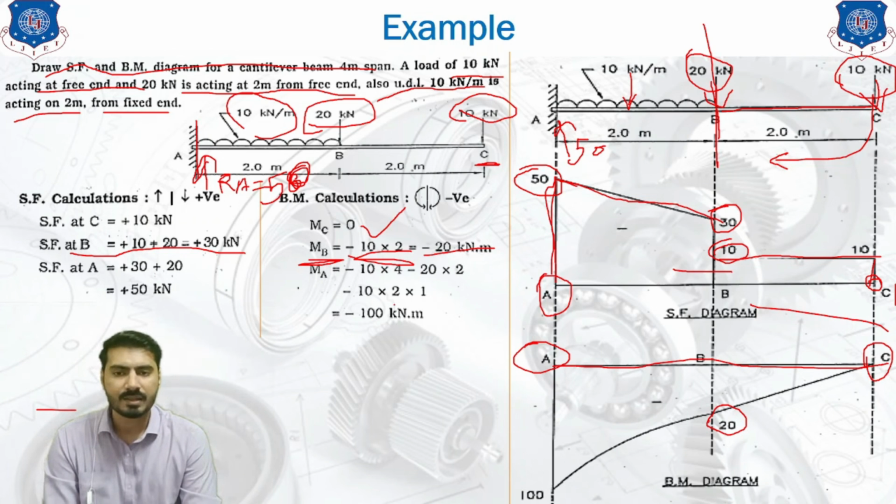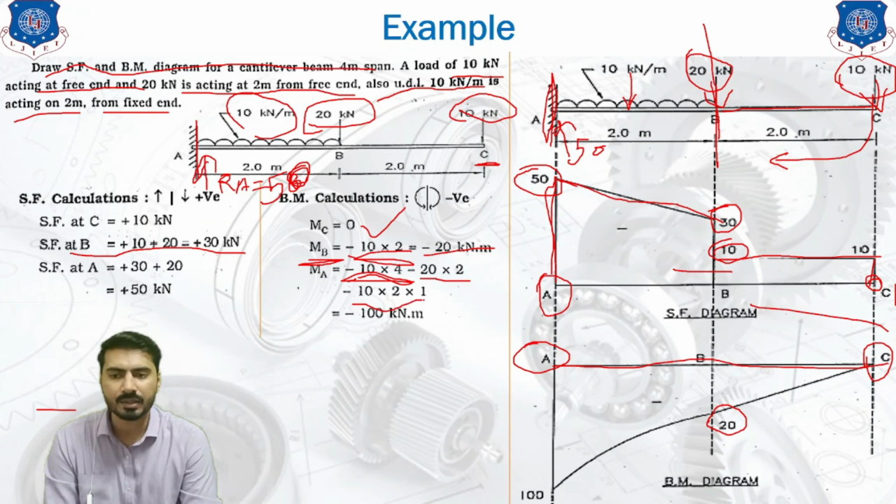Next is point A. So at point A, we will need to find out the moment. Moment can be calculated using the basic formula of algebraic sum of the moment. So the 10 kilonewton is acting at 4 meter distance. So 10 into 4, and 20 into 2 is the distance from the point load at point B up to the point A. Also, there is a UDL.